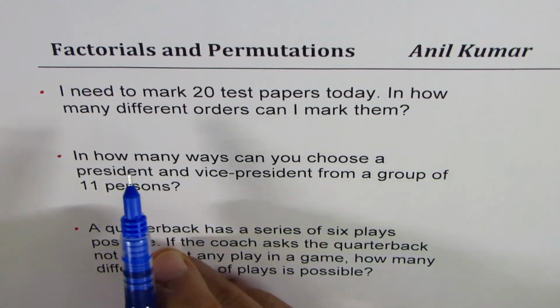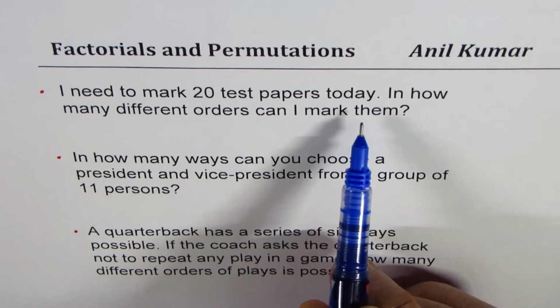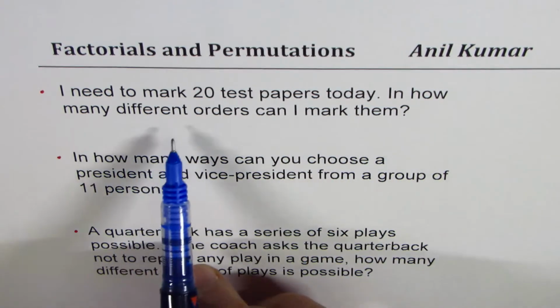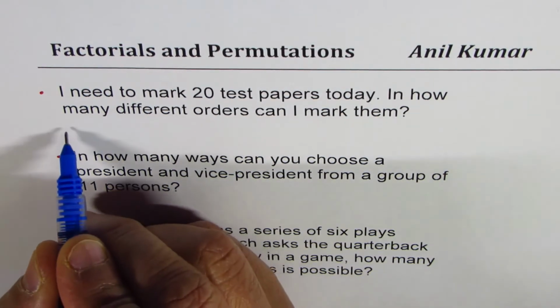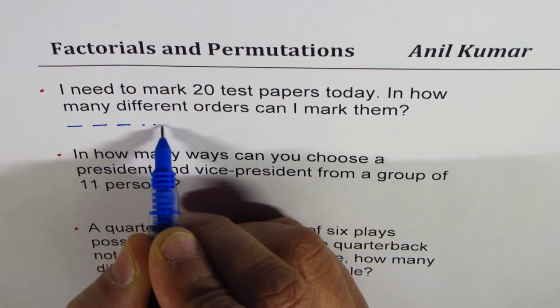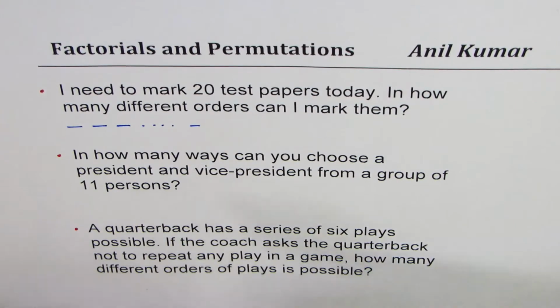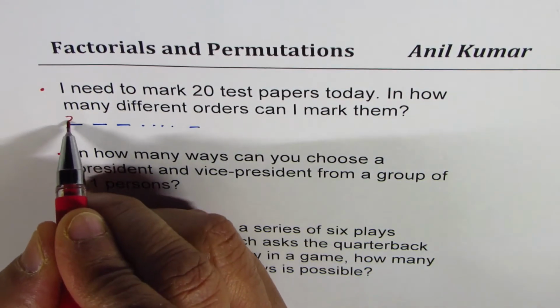The first one here is, I need to mark 20 test papers today. In how many different orders can I mark them? You could use counting principles in this particular case, saying that, well, these are 20 places, right? The 20 test papers. Options for the first are 20.